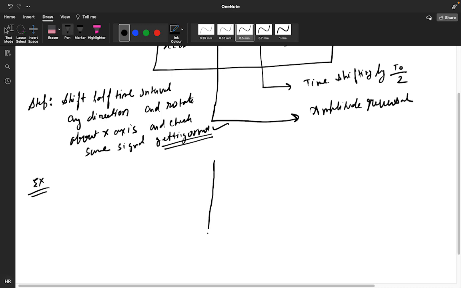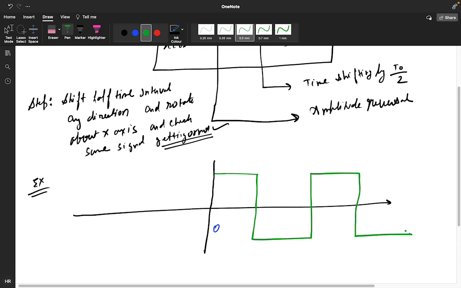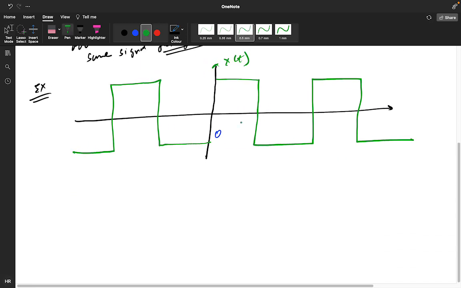So suppose you have this kind of a signal. This is 0. You are moving the signal like this. So this is your x of t.